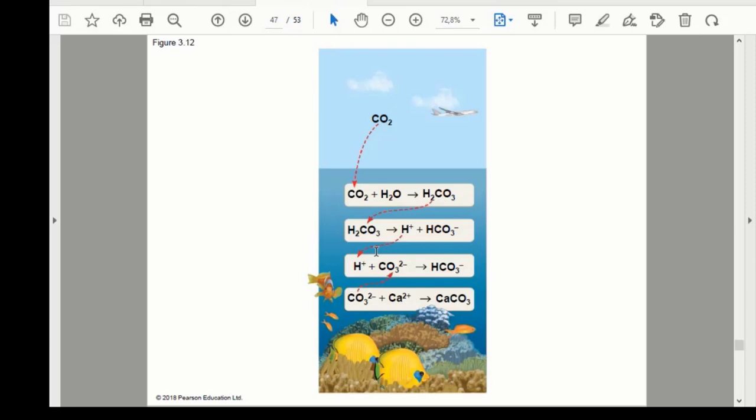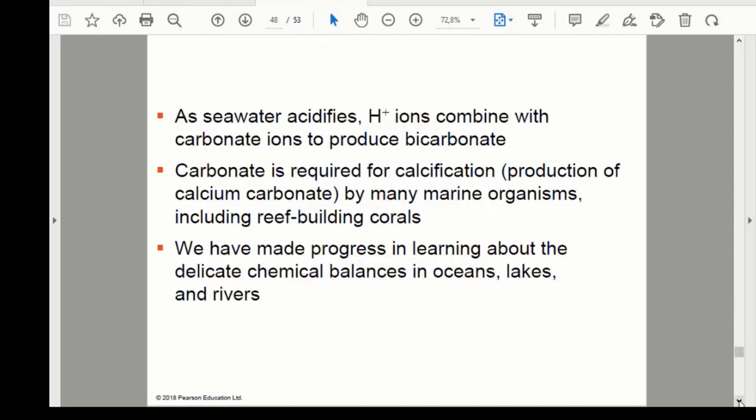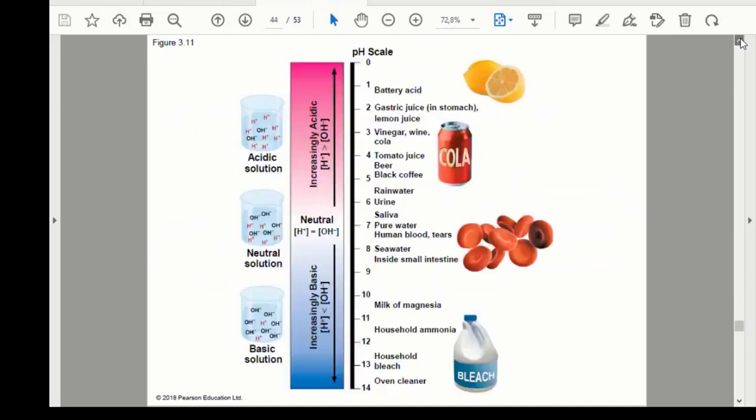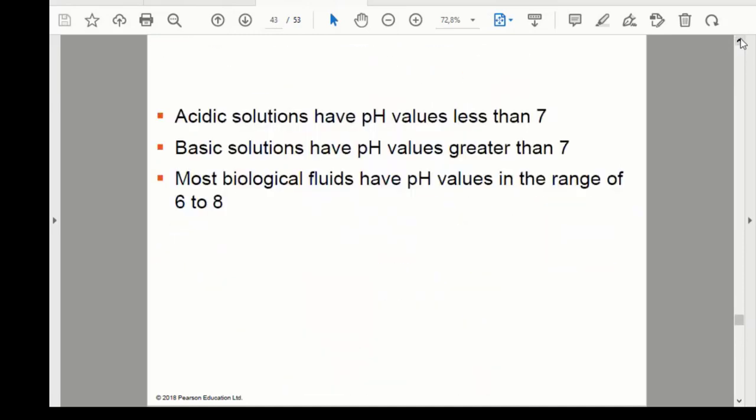So this is some sort of debacle that we face. And I say water acidifies. What is acidifies? We're talking about a solution which has a pH value less than 7. So we think about basic solutions and acidic solutions when we talk about that.